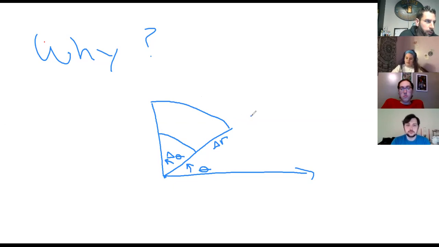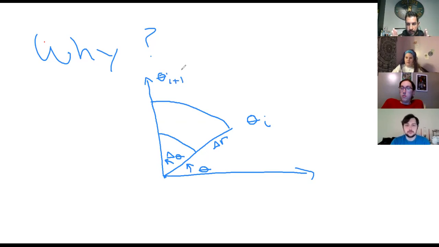Let's suppose this is theta sub i, and let's suppose this angle is theta sub i plus 1. Again, I'm hoping that you go back to thinking about how we did integration even in Calc 1.